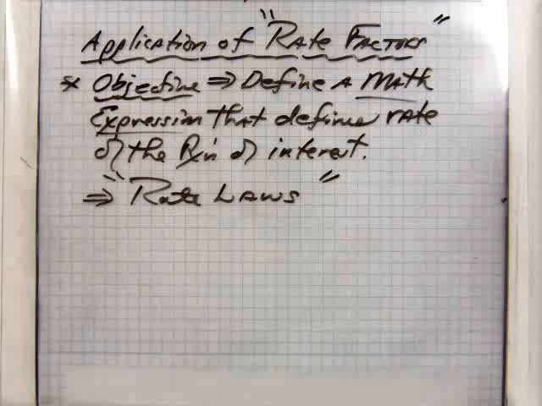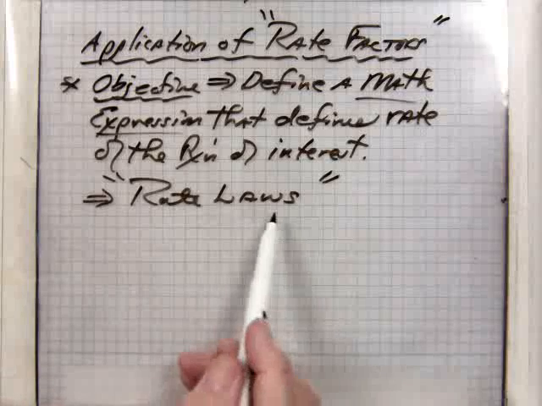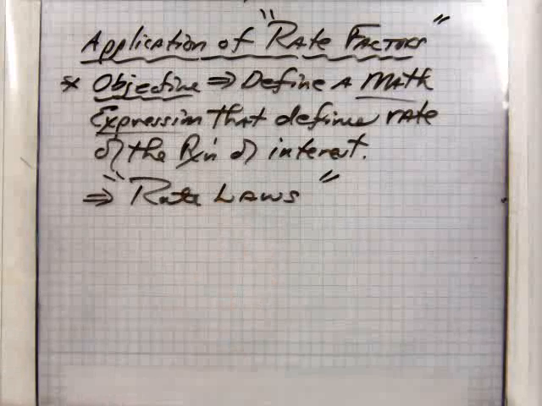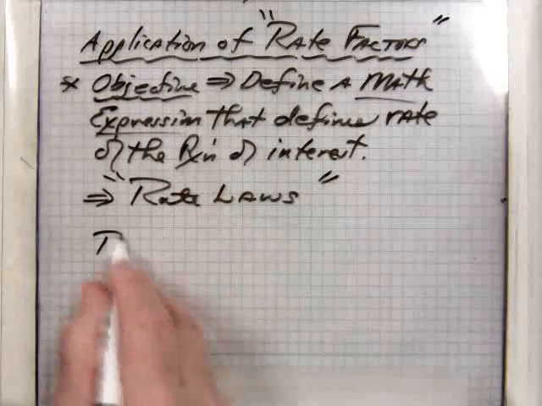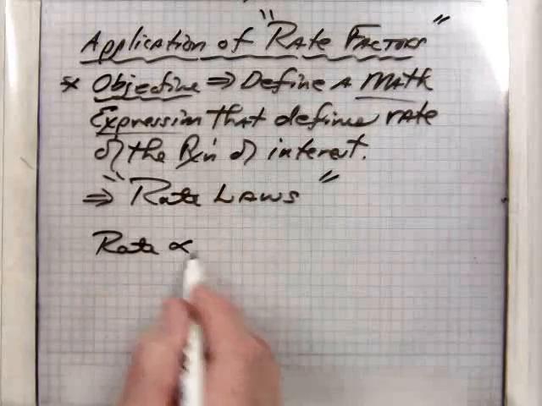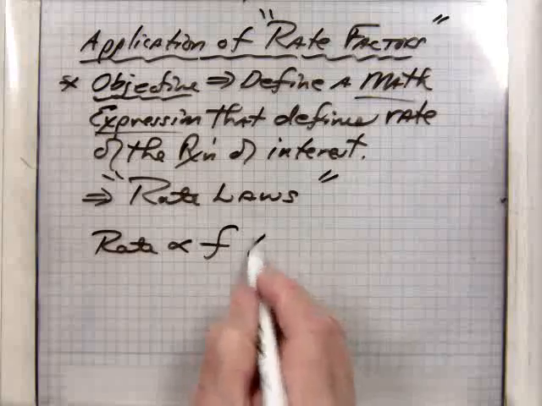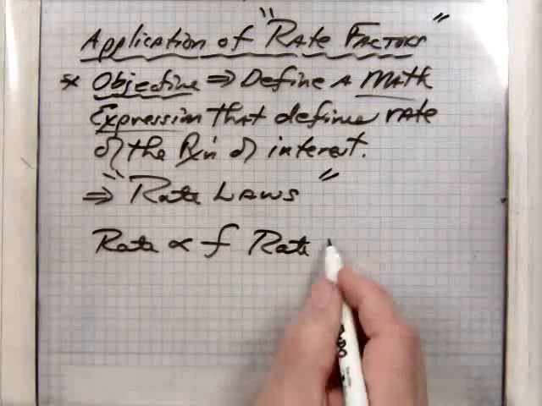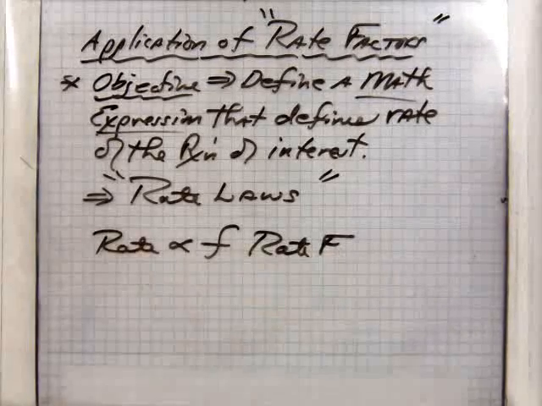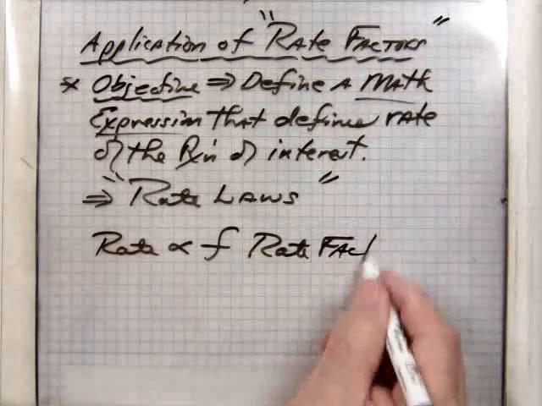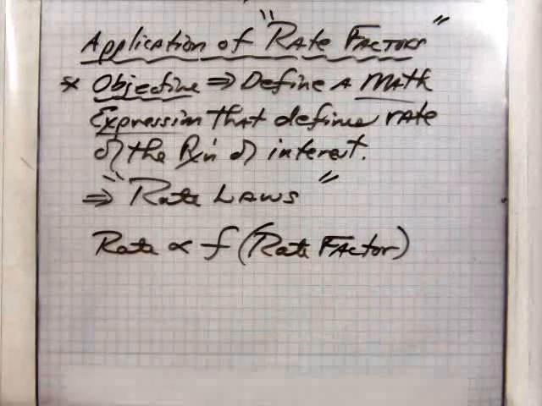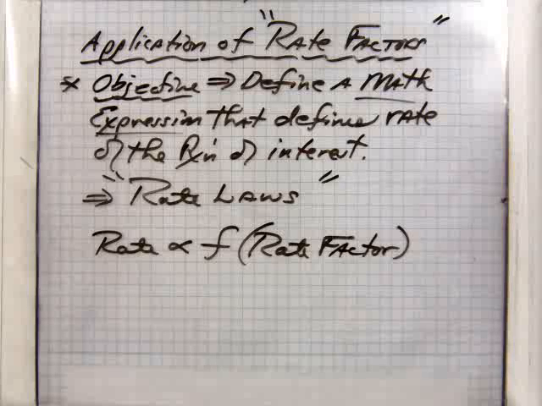Rate laws are mathematical expressions defined in terms of the rate factors. That is, rate is proportional to a function of a rate factor that we just talked about, can't see. Rate's proportional to a function of concentration. So if you change the concentration, something's going to happen. Or may not happen, then we'll see. Rate is a function of surface area.